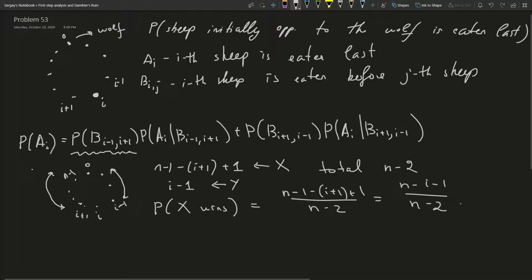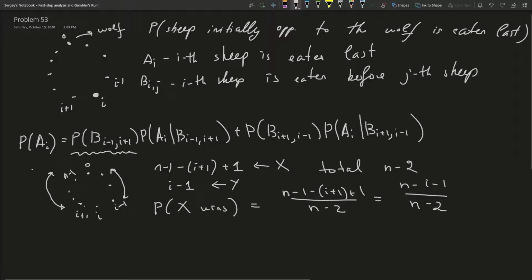And I want to clarify the probability. We said the probability that x wins any particular trial in the whole Gambler's Ruin random walk is a half. And the reason is that the wolf randomly picks a direction, either clockwise or counterclockwise, with probability a half. So the probability that x wins any particular trial within the Gambler's Ruin random walk was a half.